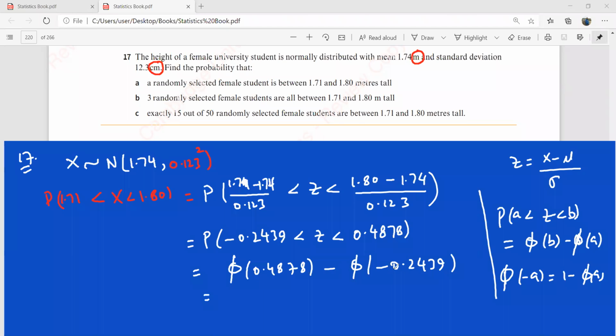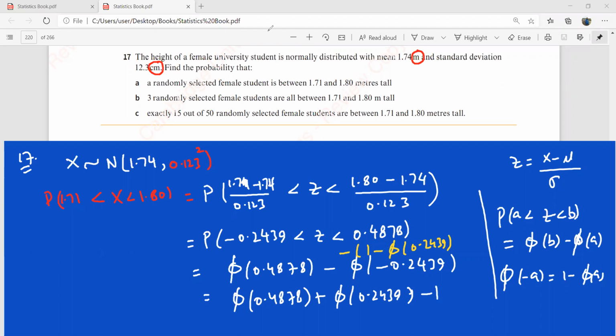So 1 minus phi of this makes this plus, and this is going to be phi of 0.4878 plus phi of 0.2439, and you have a minus 1. Imagine this has been written as minus into 1 minus phi of 0.2439. When I open the brackets, this becomes plus, and we have a minus 1 here.